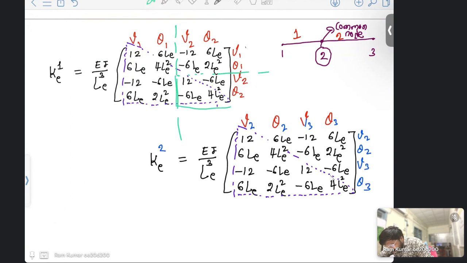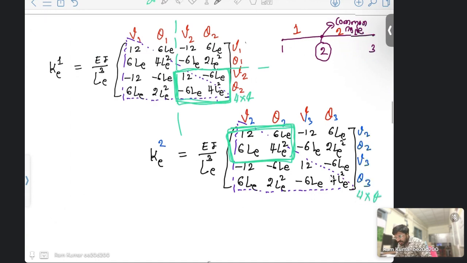This much area. Similarly also beta 2, theta 2. That we have to add. Now this is having size 4 cross 4. This is also 4 cross 4.